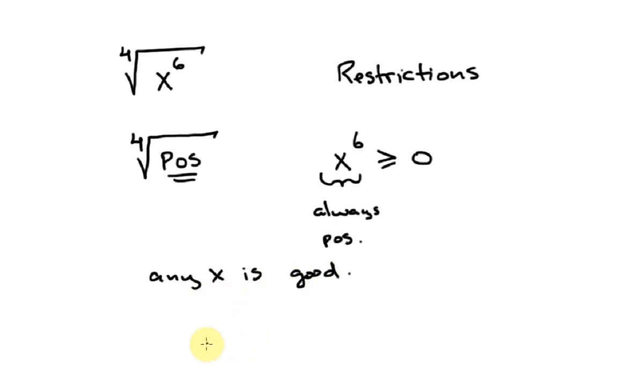Usually it's written with this funny little symbol. What they're really saying is x is an element of the set of real numbers. So this symbol means x can be any real number.